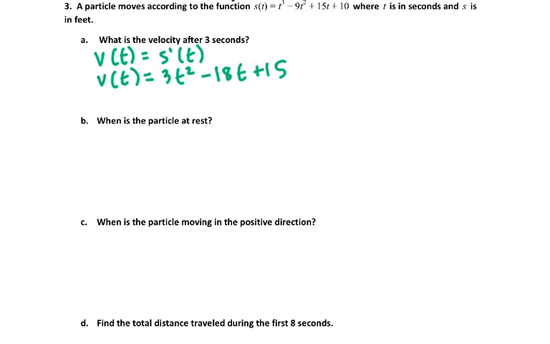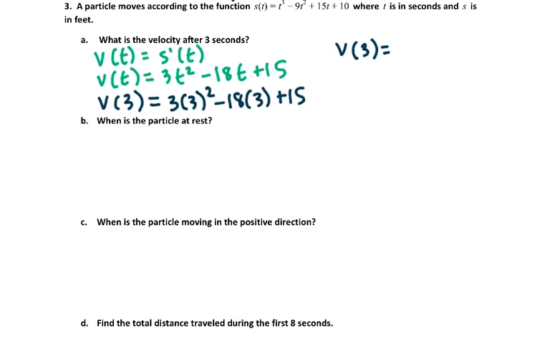So that first derivative is velocity, or how the position is changing, and then we're actually going to find it at 3 seconds by plugging in a 3. And this gives us v of 3 equals negative 12.